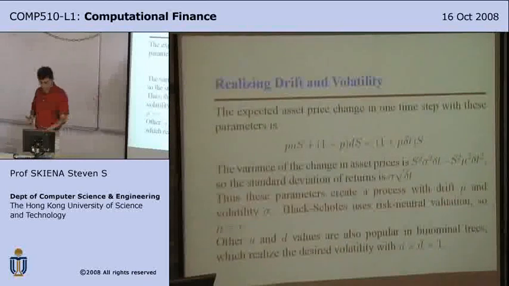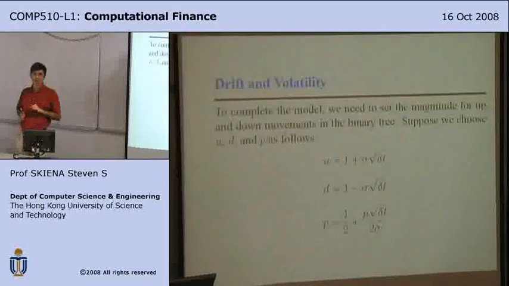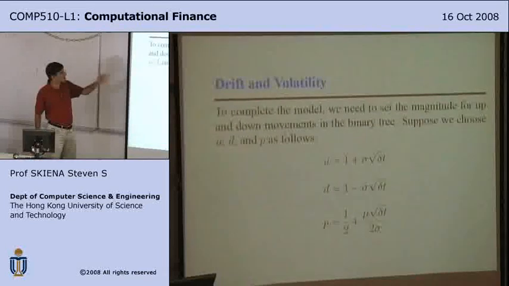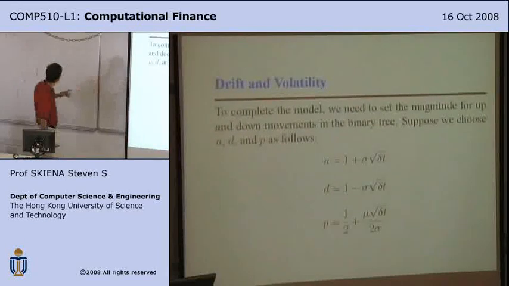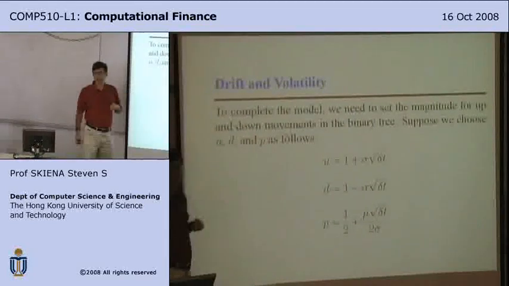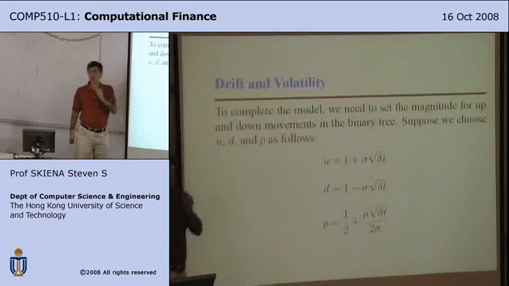Which means, if you use these steps for up and down and this probability, this is a principled way to set the Black-Scholes upward and downward movements so that the amount of volatility matches what you want.